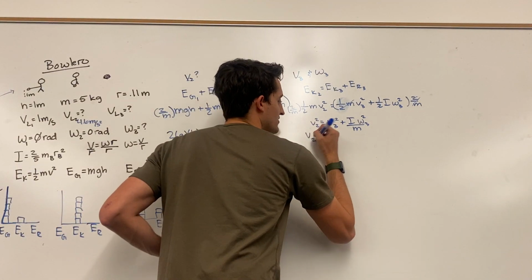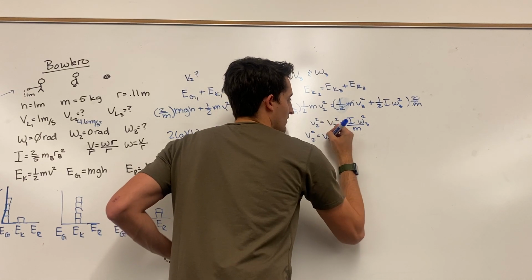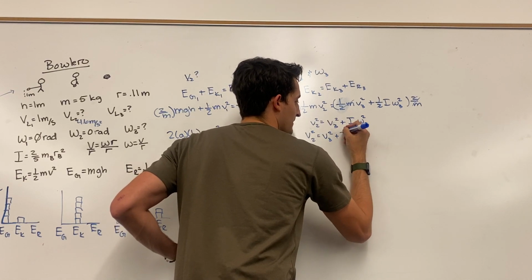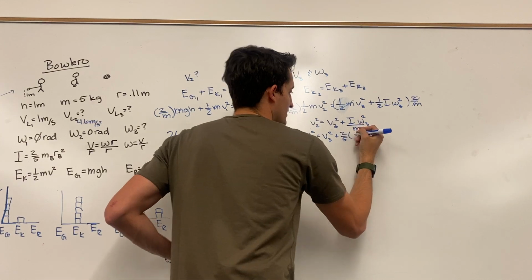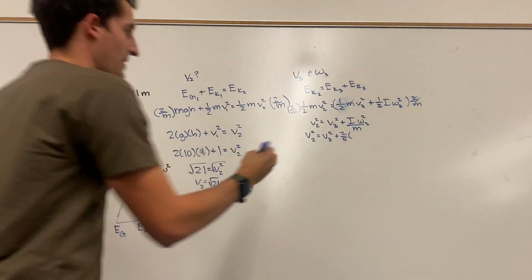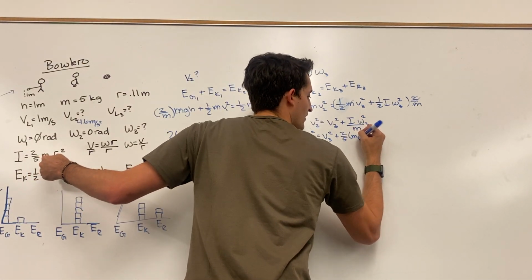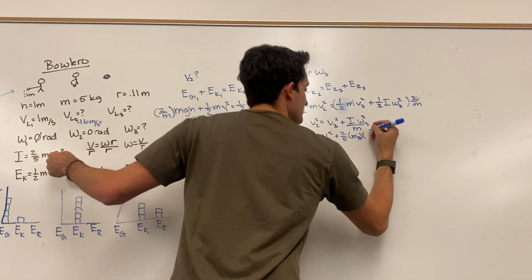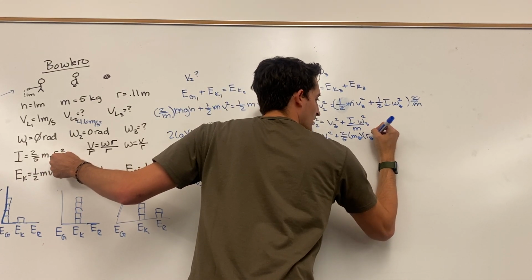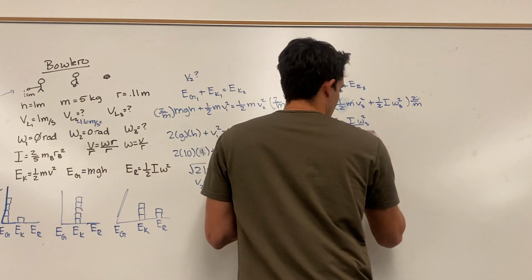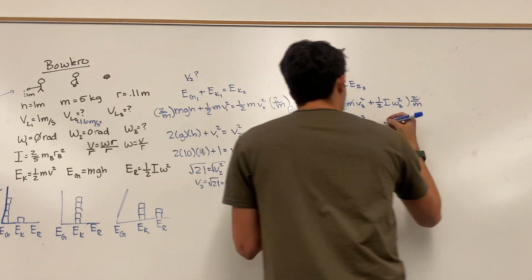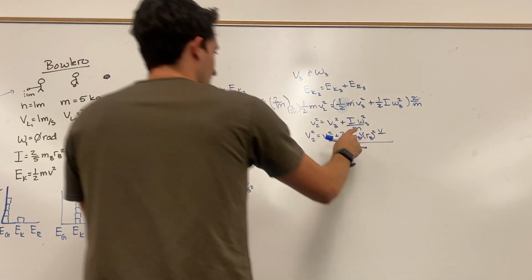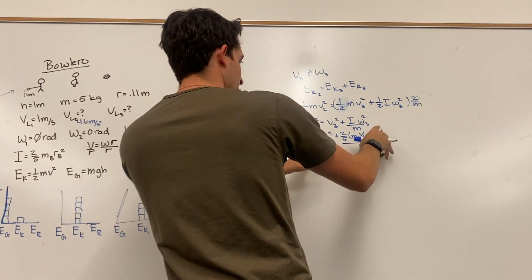So we go V2 squared is equal to V3 squared plus 2/5 times this equation. So we got the mass of the ball, the radius of the ball squared. Okay, remember this? We also have this, so we're going to be working off of this right over here.